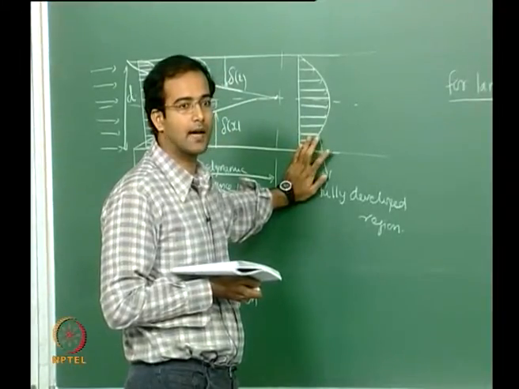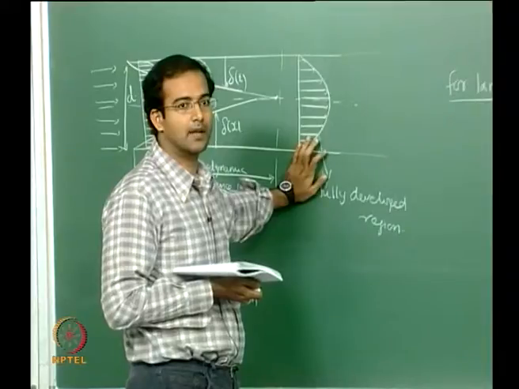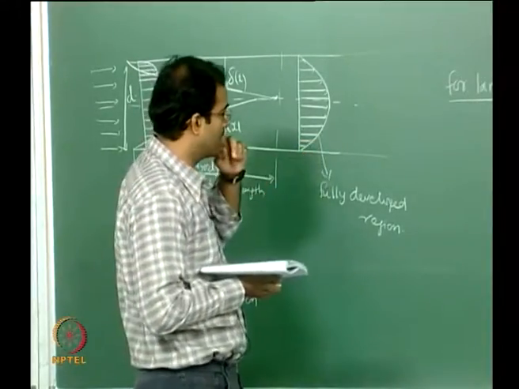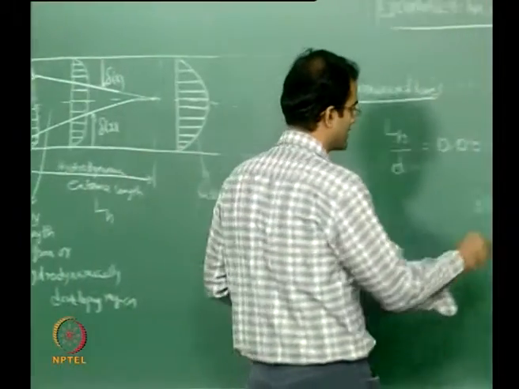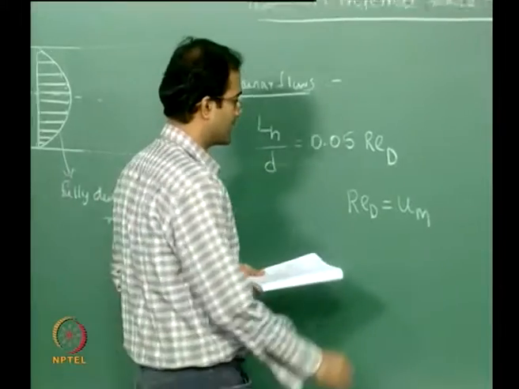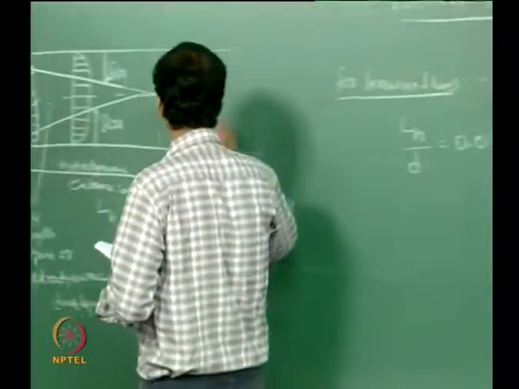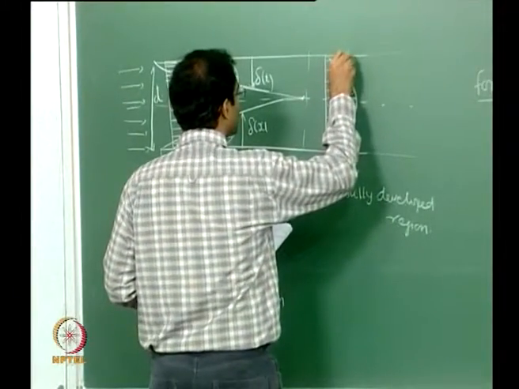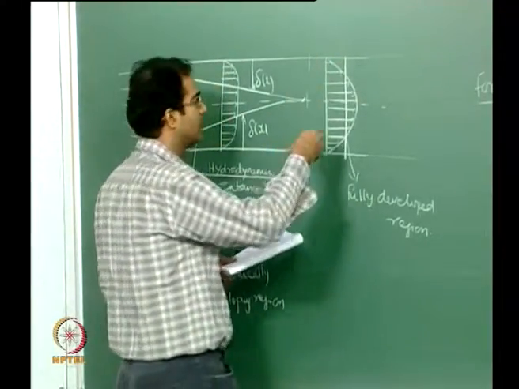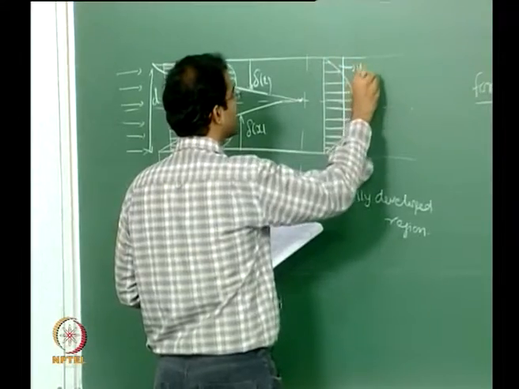Okay, so you don't have a fixed velocity value like in the case of external flow, like a free stream velocity. Therefore you can use what is called a mean velocity, which we will define shortly. Okay, so this is your mean velocity. So if you replace this parabolic velocity profile with a constant profile everywhere across the cross section, this is referred to as the mean velocity.